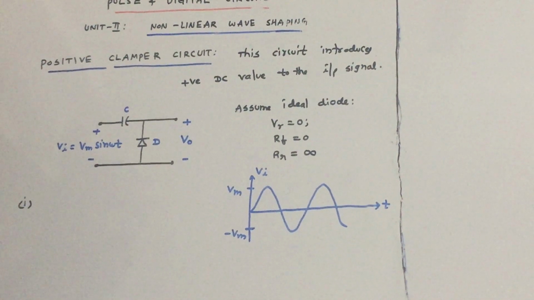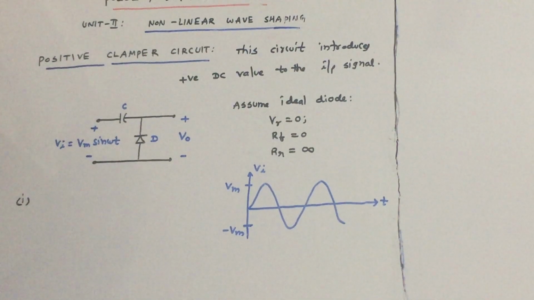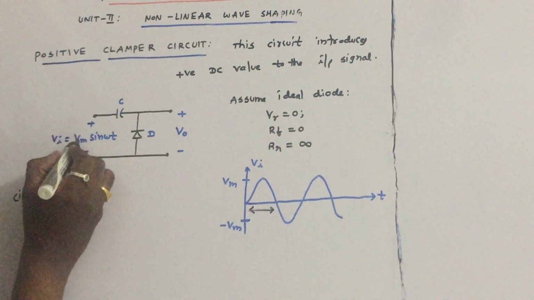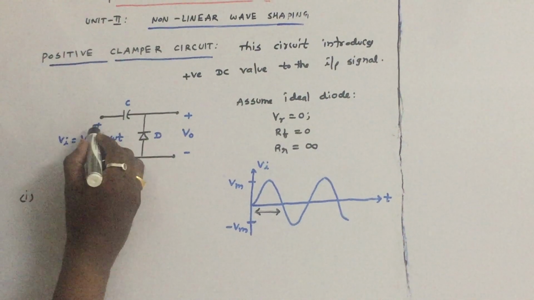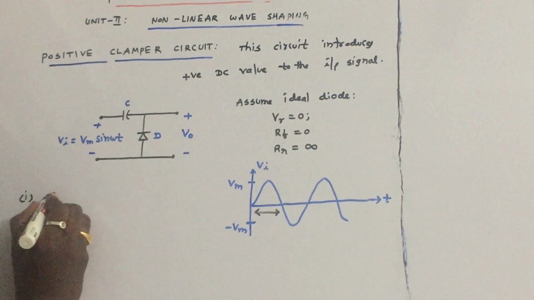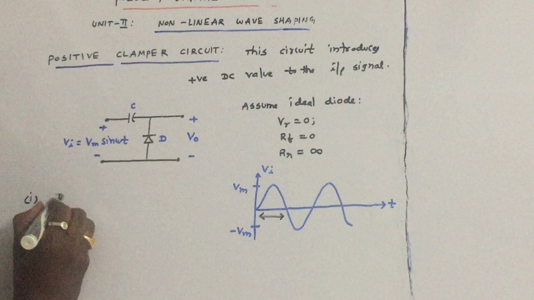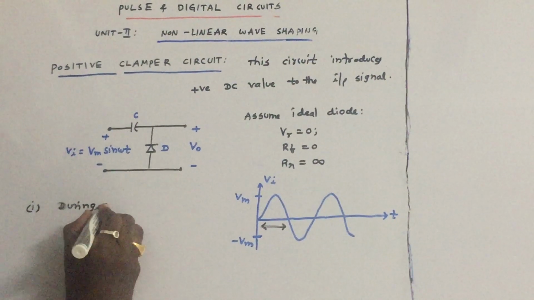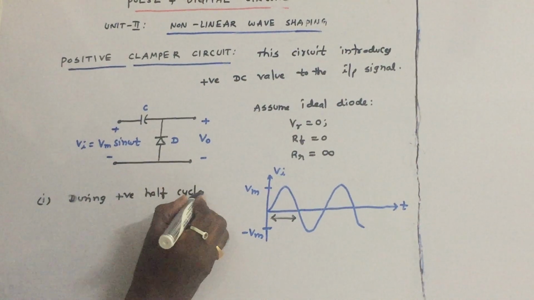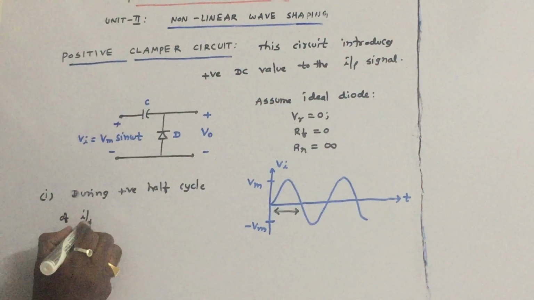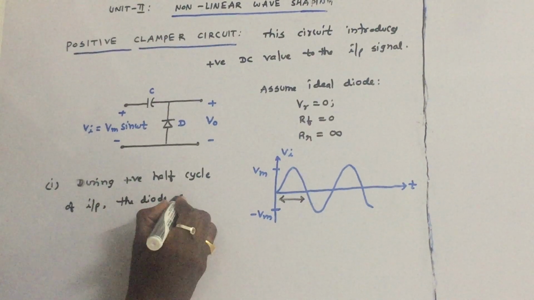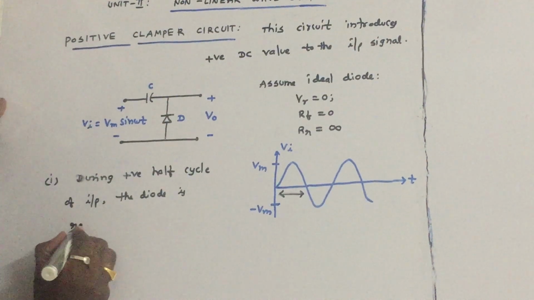You can see that during this entire positive half cycle, the diode is reverse biased. Therefore the capacitor will not charge. So that is the first point you can write: during the positive half cycle of input, the diode is reverse biased.